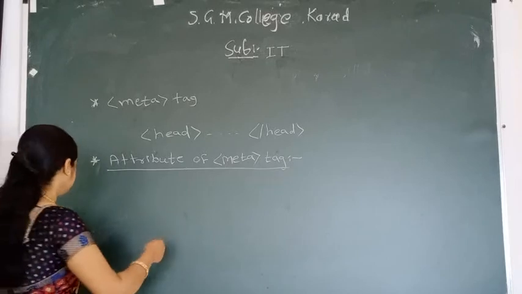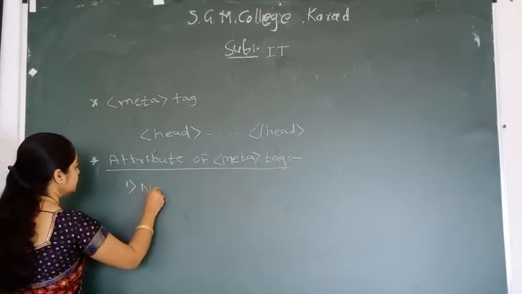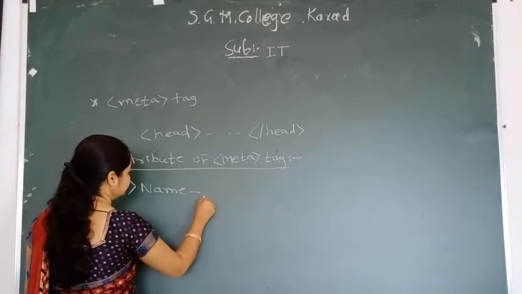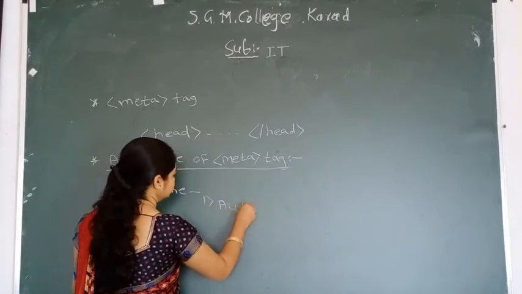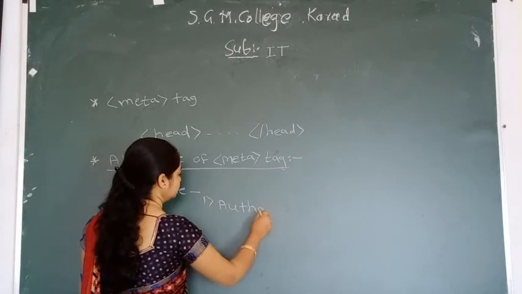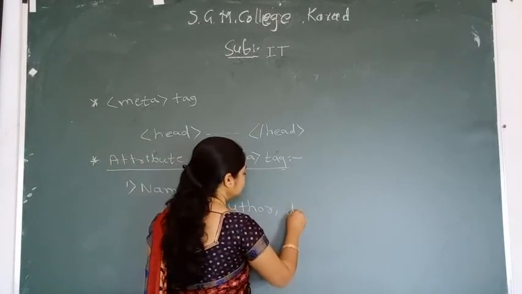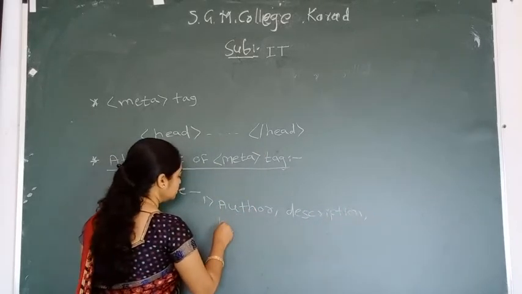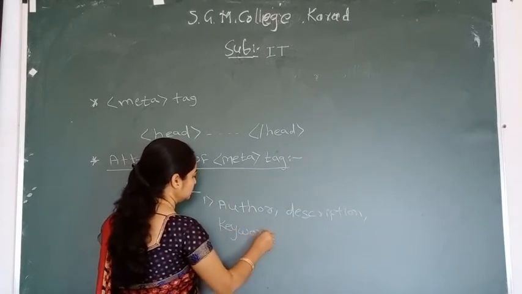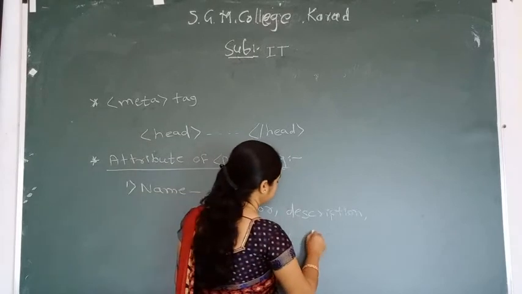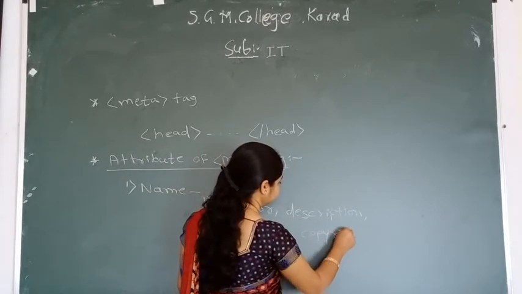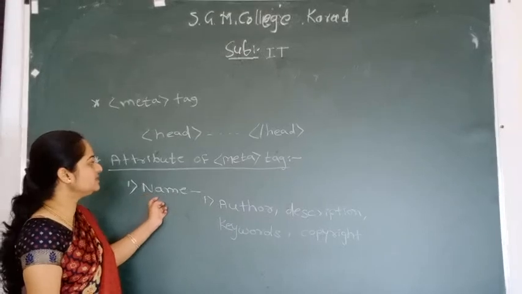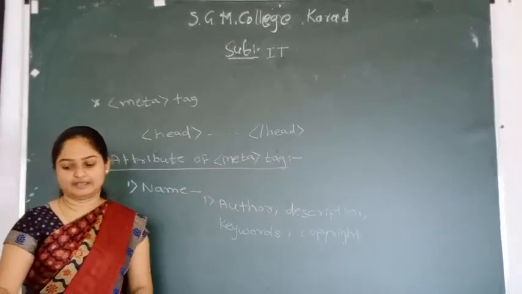The first is name. Name is an attribute of a meta tag.